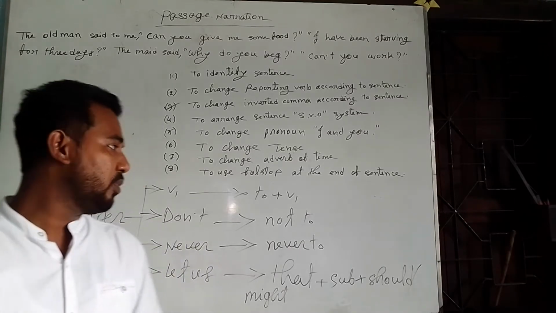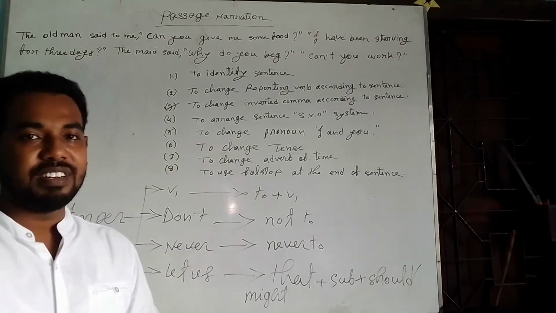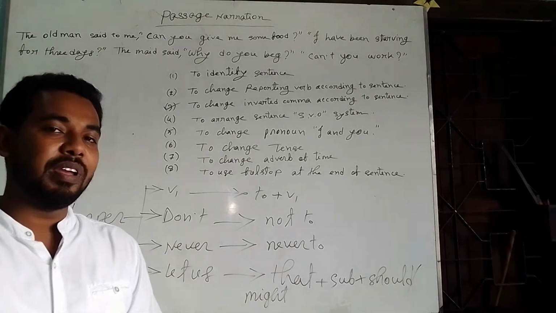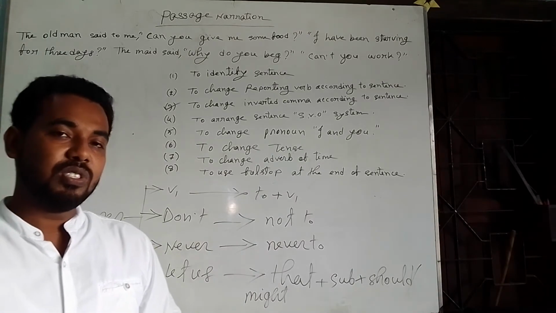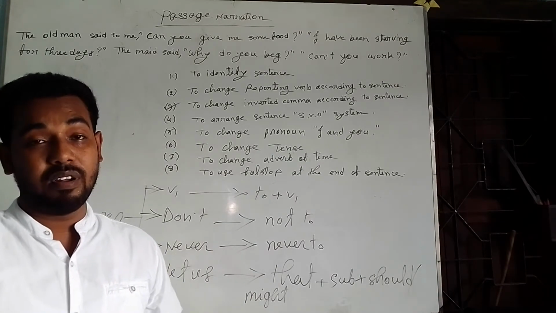So I am going to give you one kind of an example of sentence narration. So I hope that if I give this sentence narration, it will be very clear to you.